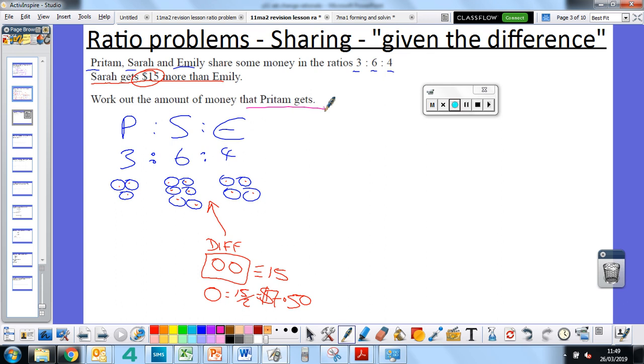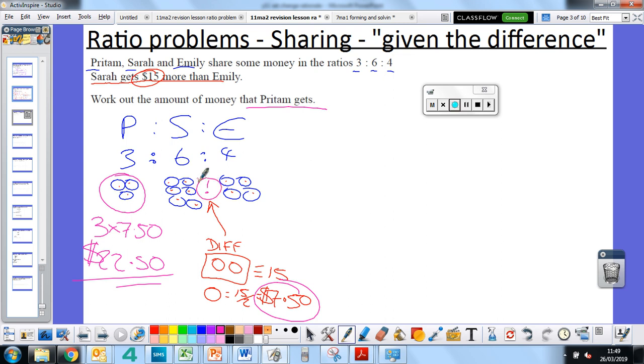Pritam gets 3 parts, 3 lots of what each of the parts are worth, the $7.50. So 3 sevens is 21, 3 lots of the 50 cents is 150. That's $22.50.